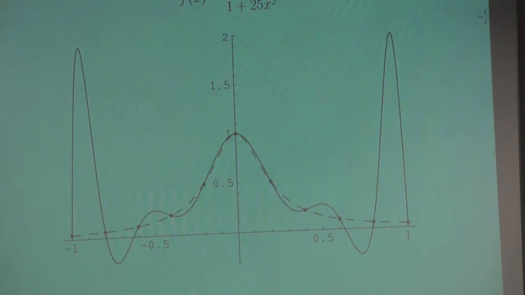And also, I mean, you see the problem here comes from the high degree of the polynomial. And the high degree of the polynomial produces high oscillations near the margin of the interval. Because for large values of x, our polynomial has to diverge. It goes to infinity.